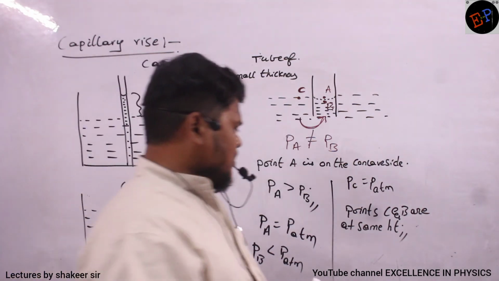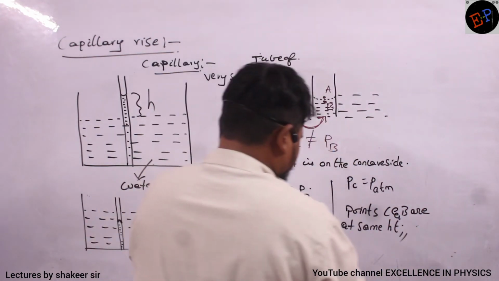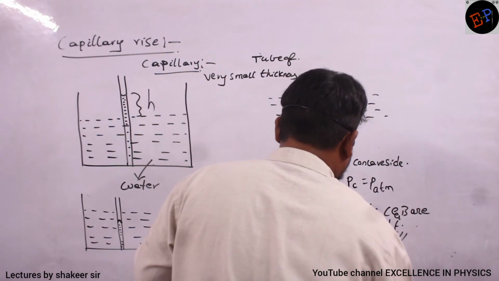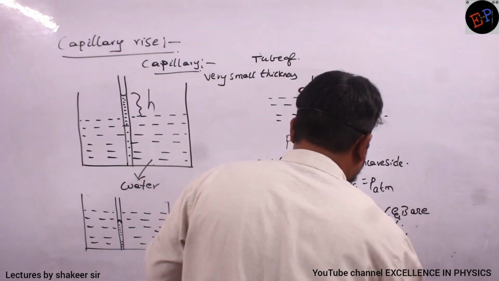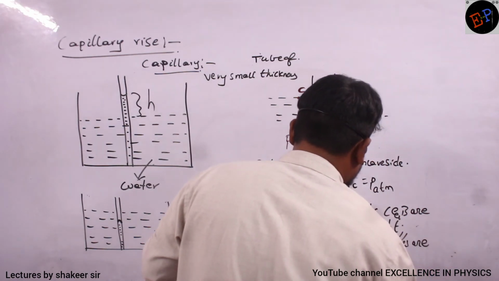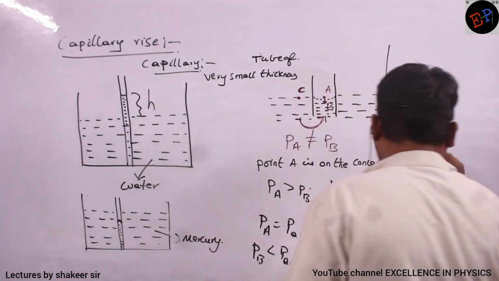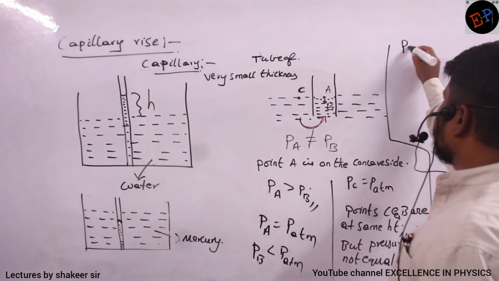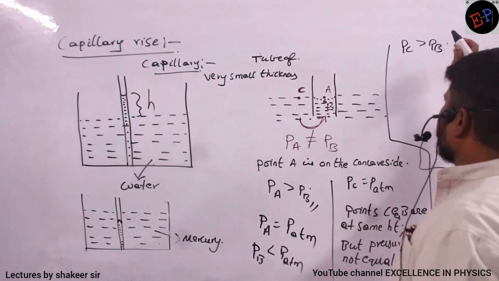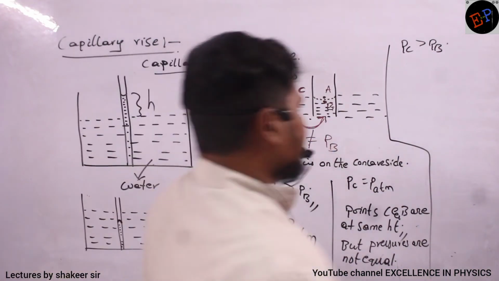Right. So points C and B are at the same height, but pressures are not equal. Which pressure is greater? Pressure at point C is greater than pressure at point B. But according to Pascal's law, what should happen?